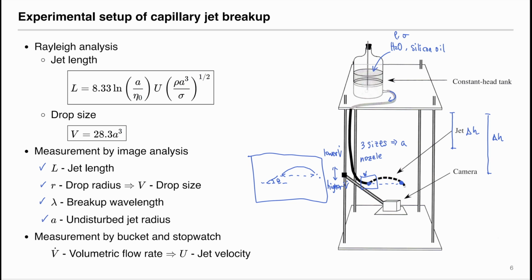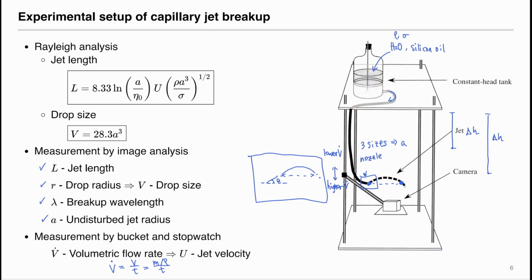And you can determine the volumetric flow rate using a bucket and stopwatch method, where the volumetric flow rate is the volume of water collected by a bucket in a set time interval. Assuming we know the density of water, we can calculate the volume from the mass of the water. The volume can be calculated by the mass we measure divided by the density, and then we can get the volumetric flow rate.